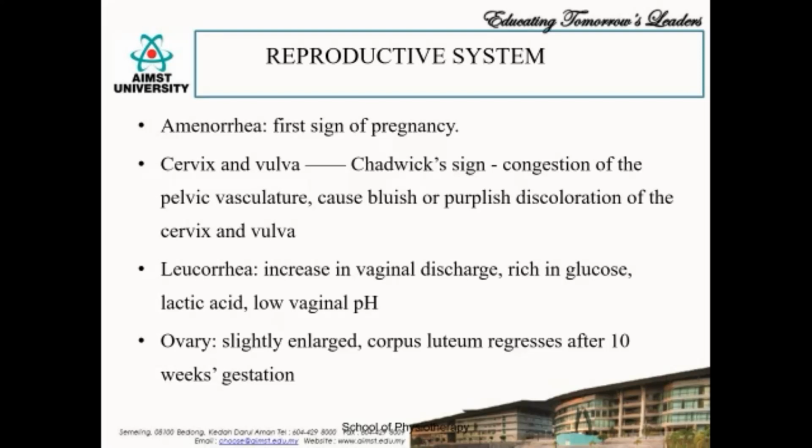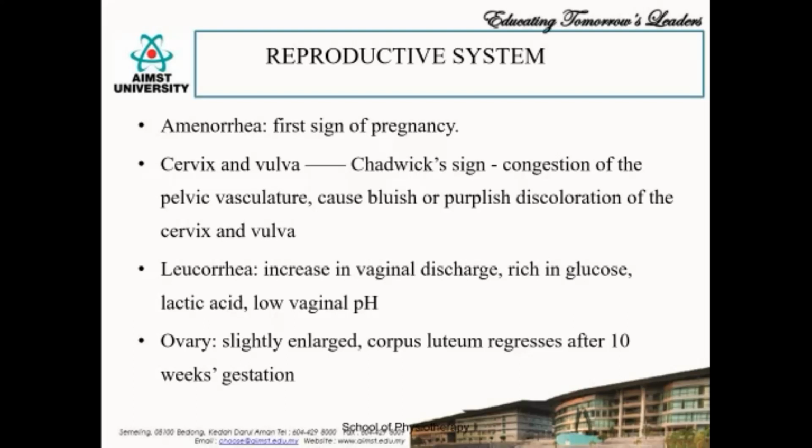So this will reduce the pH level in the vagina, and this reduction in the pH level will lead to more chance of getting infection. That's why pregnant mothers are more vulnerable to getting urinary tract infection.